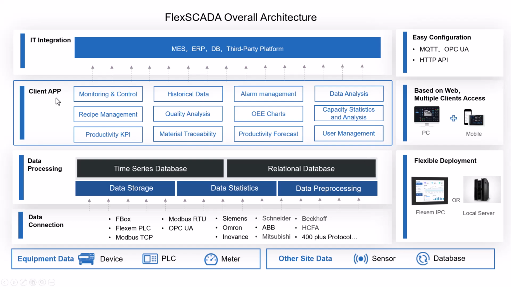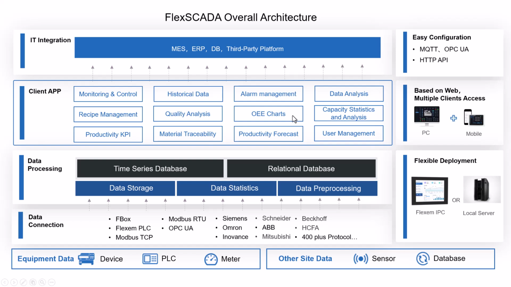For the client application, it means that you can monitor and edit the data on the SCADA screen, and you can see the historical data, alarm, and the data analysis, recipe, and OEE charts.